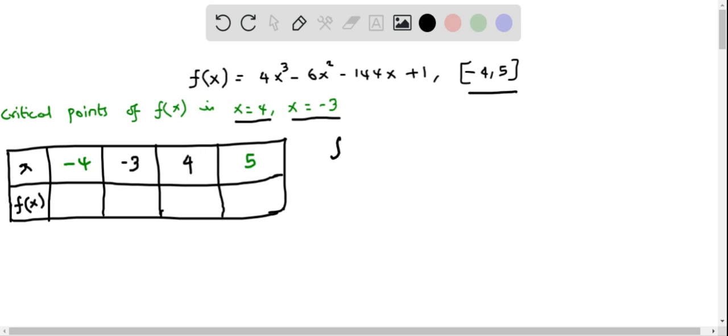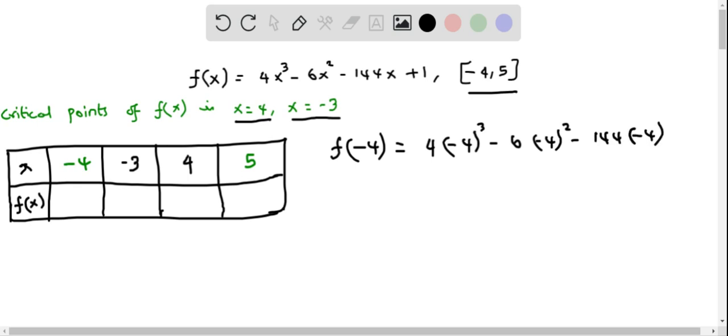So let's find it. First, I'm going to find f of negative 4. So here you have to replace the x in f of x by negative 4. And when we do that, we get 4 times negative 4 quantity cubed, minus 6 times negative 4 quantity squared, minus 144 times negative 4, plus 1.